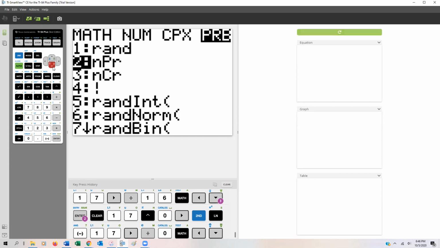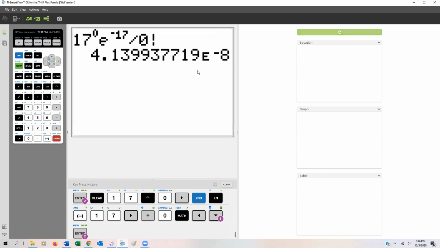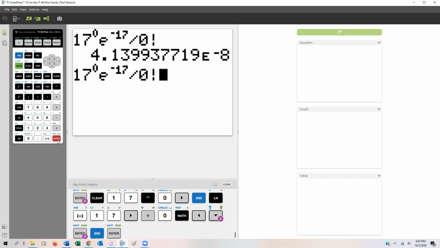That's going to give us a really small number if we hit enter. Notice it gives us 0.0000004, because this is really 10 to the minus 8th power. So instead, let's just add all these up, since we get really small numbers.